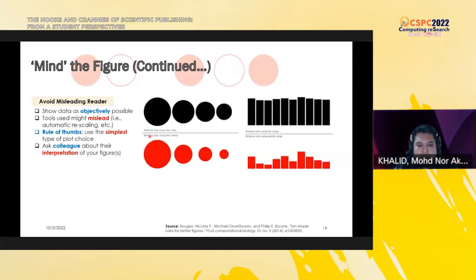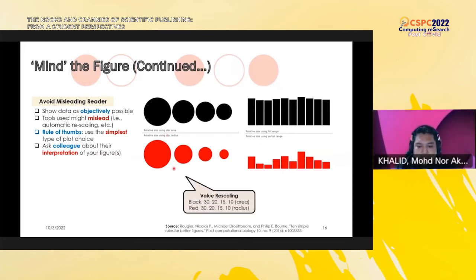So these are just one or two examples. On the left side, both of them have the same values, 30, 20, 15, and 10. But because they use different values for the circle, for example at the top you use the area, at the bottom you use the radius, it looks very distinct.